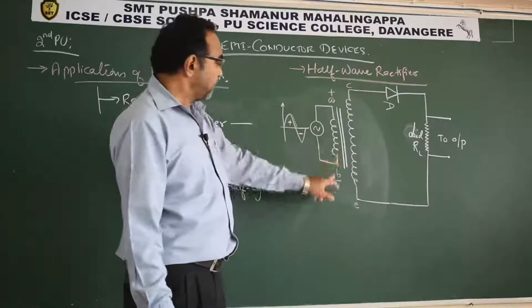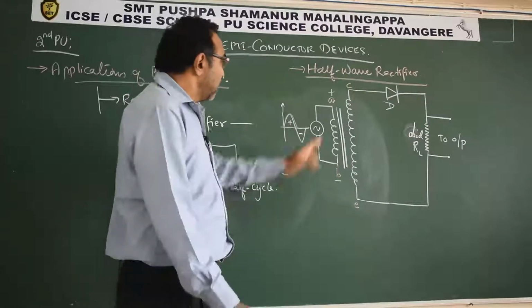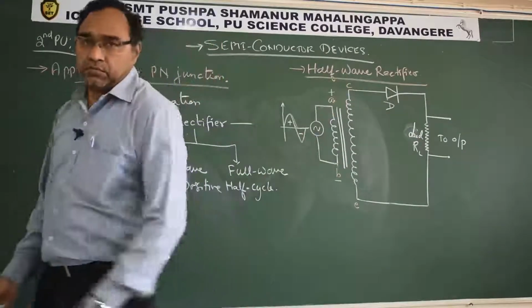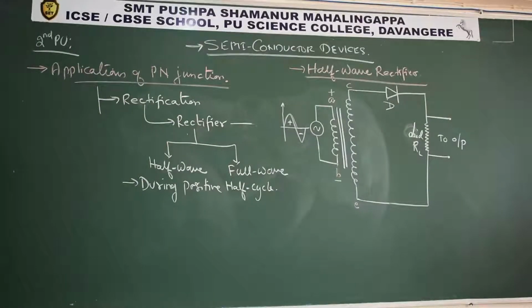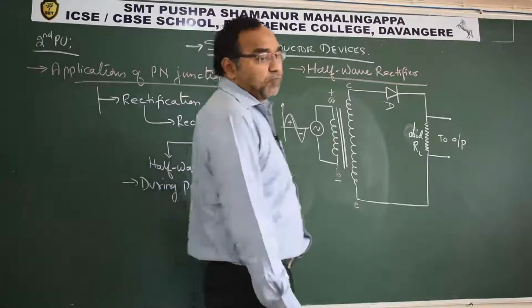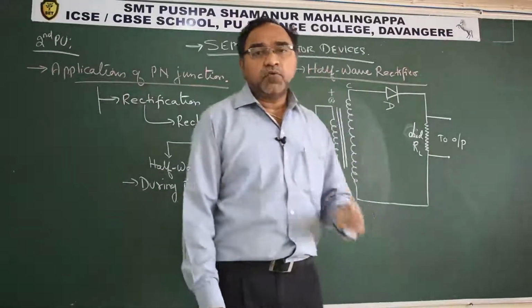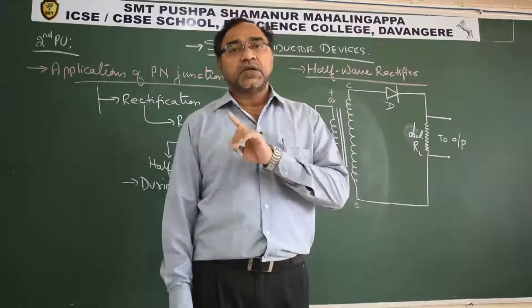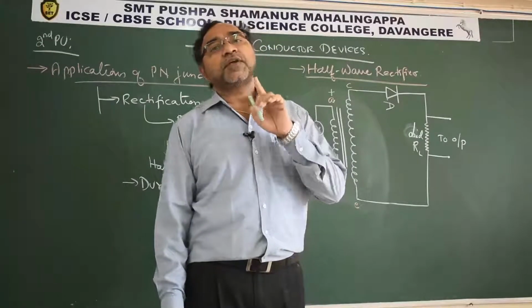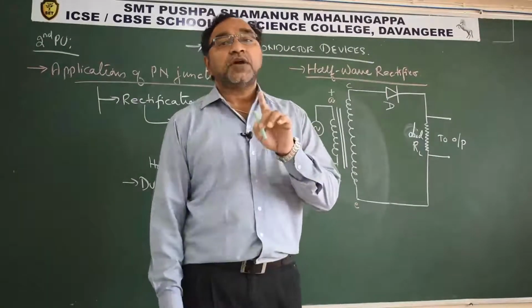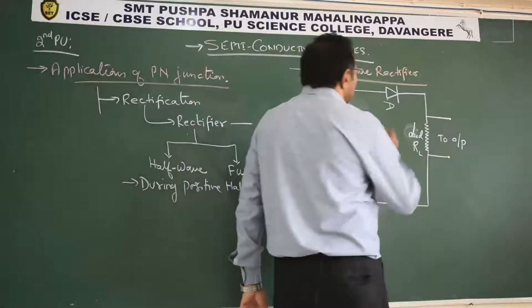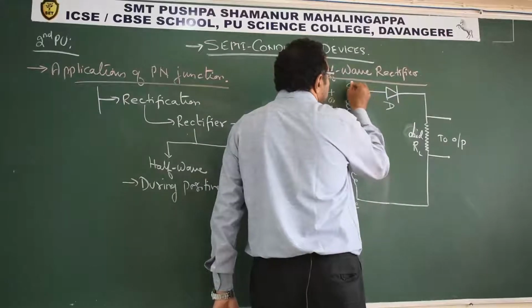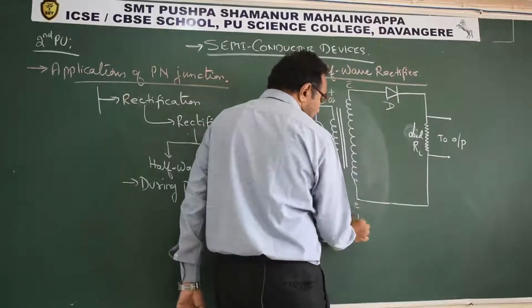So one is positive, one is negative. This is the positive half cycle. What will happen to C? Now, if you can recollect, the transformer works on the principle of mutual induction. When it is working on the principle of induction, the same kind of charge cannot be induced. Opposite charge will be induced. So C will become negative, E will become positive.